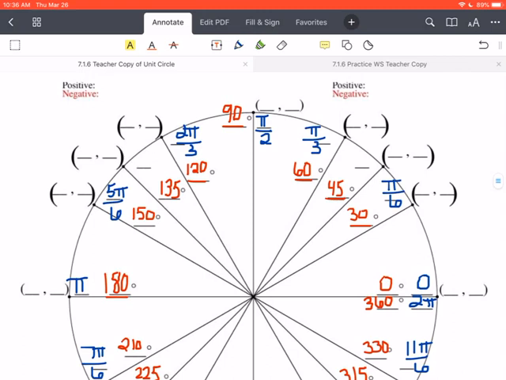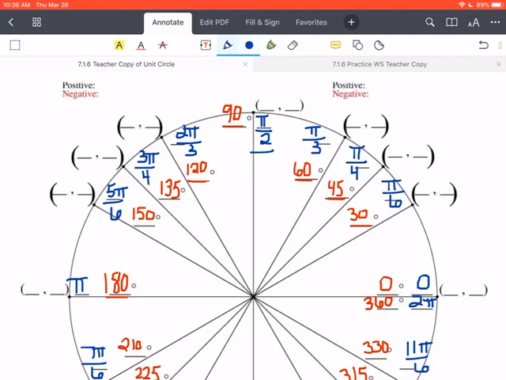Now we need to take care of our 45-degree angles. Well, how many 45s fit into 180? 180 divided by 45 is 4. So that can remind you that we are taking our semicircle of pi and dividing it by 4. Now, if you like the counting method, we go back up to our y-axis, which is 2 pi over 4, reduces to pi over 2. Then we have 3 pi over 4.